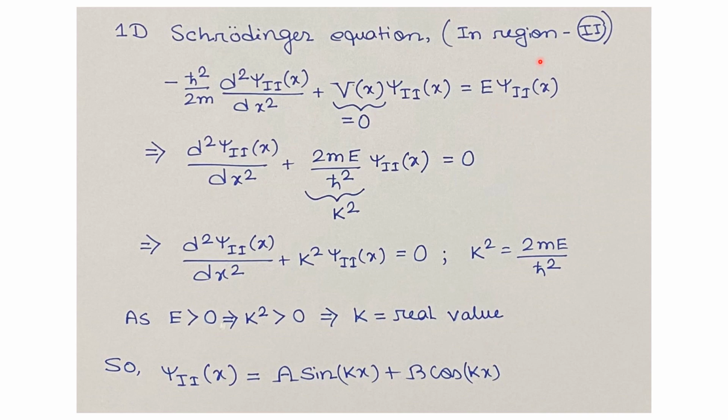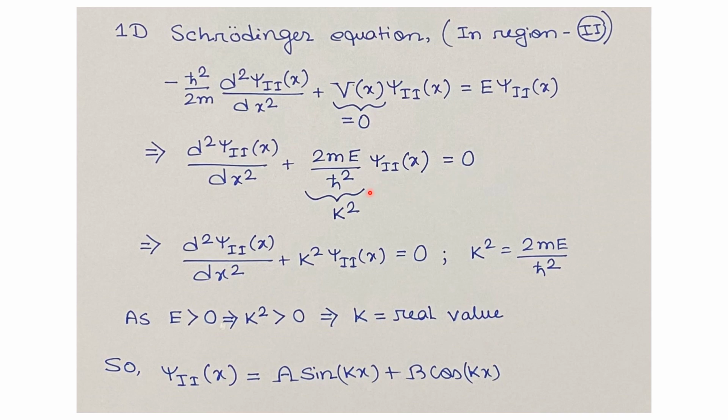Now in region 2 the potential is 0. So this equation can be written as d square psi 2 of x by dx square plus 2mE by h cut square times psi 2 of x equals 0.